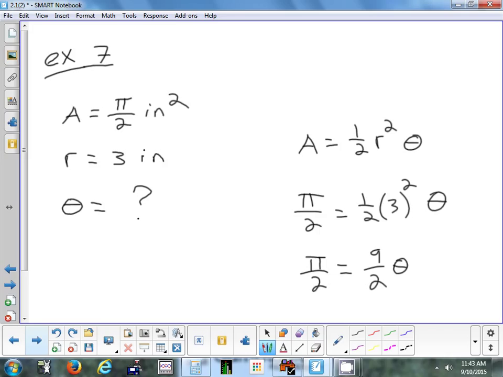And I'm at my last step. Zach, what's my last step to get theta by itself? You need to multiply by the reciprocal. Good, which is? 9 over 2. So the original is 9 over 2. Oh, I mean 2 over 9. 2 over 9. Good. That's all gone. And 2 over 9.